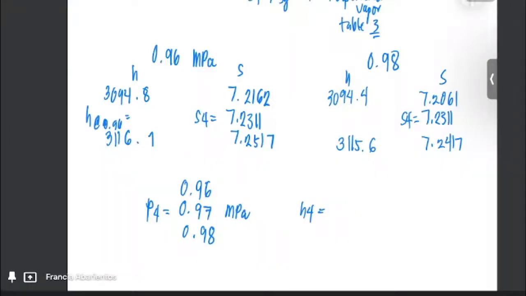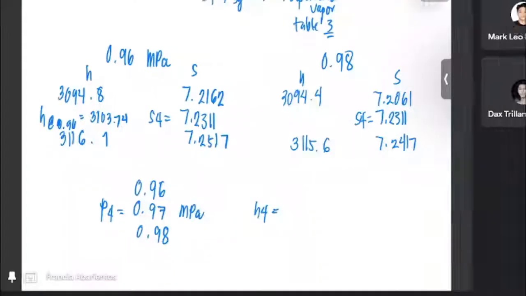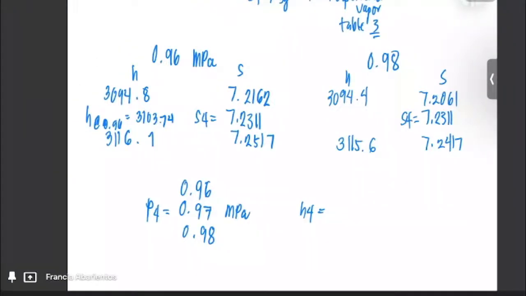We have now 3103. Tama ba yung mga sagot nyo? Tingnan ko. Okay. So, dito naman class, the H at 0.98. We interpolate.